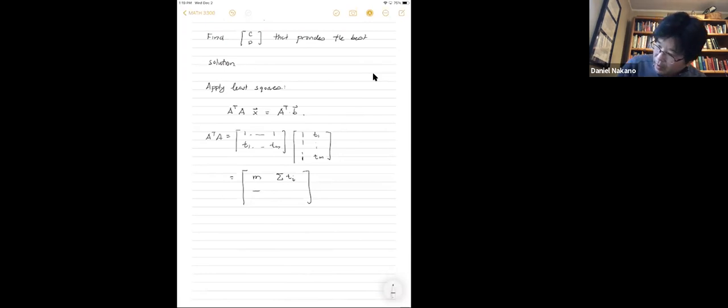The third is also the sum of the Ti's, from the dot product of the second row with the first column of A. And the last one is the sum of the Ti squared. That's not so bad.